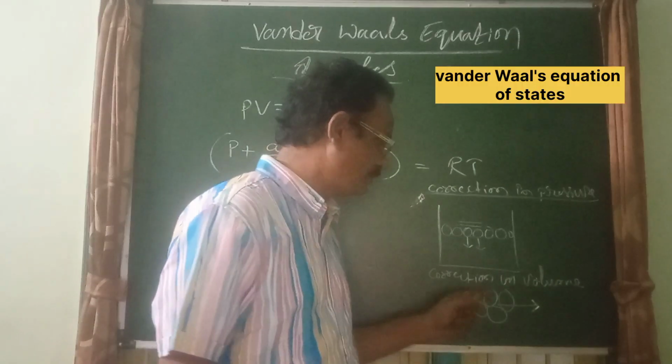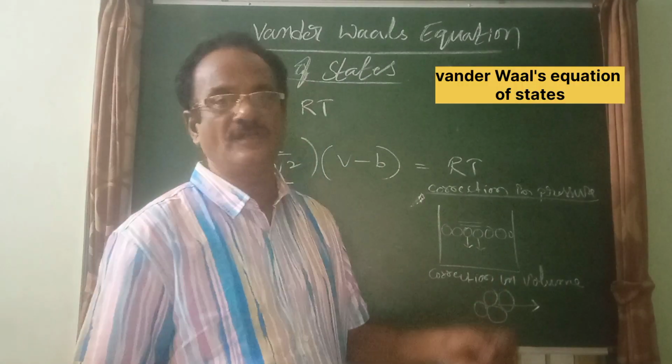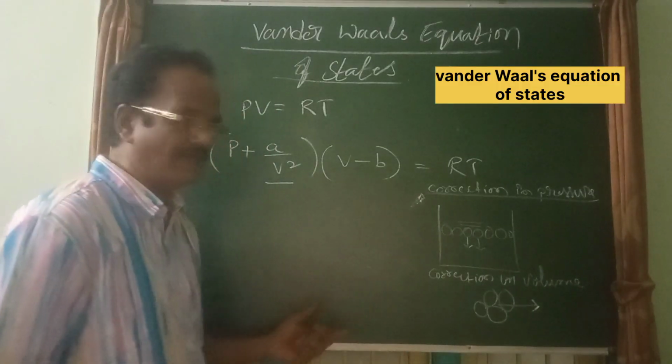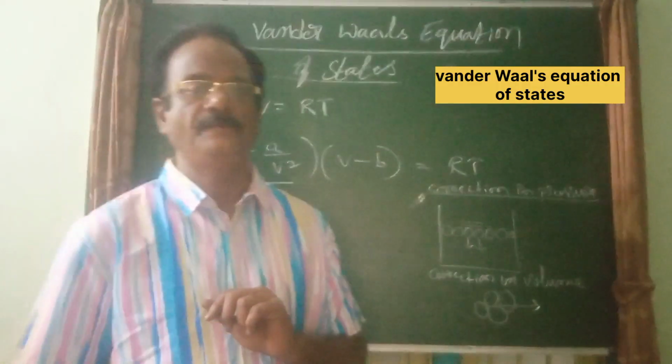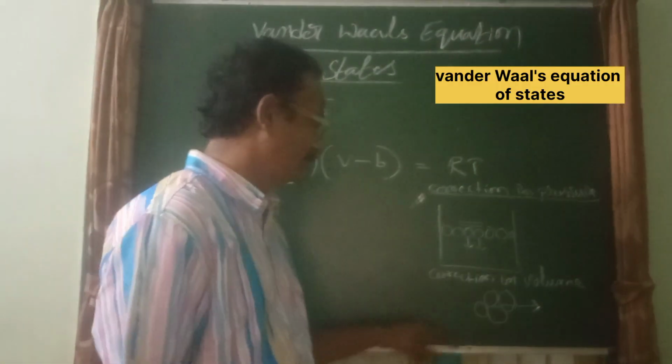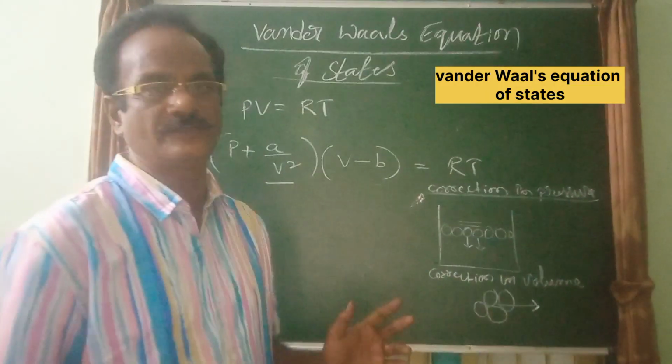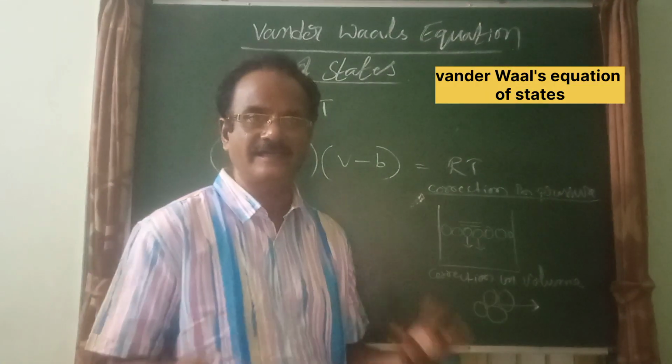This is not utilized by the gaseous molecules completely. So, the ideal volume should be reduced. Okay, is it clear? These gaps are left over while the gaseous molecules are accommodated in a container.